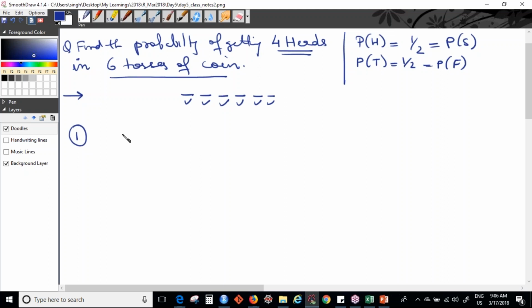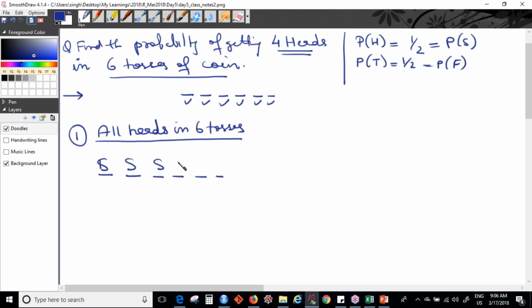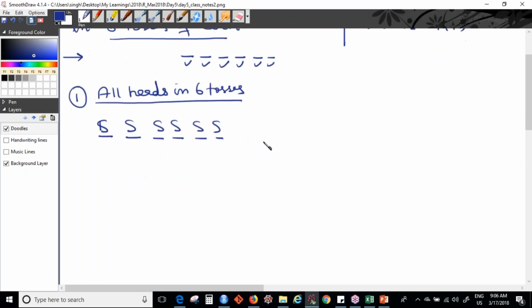Let me start with a simpler one of getting all heads. Probability of getting all heads in 6 tosses. Okay, so that means I have 6 places here. All of them will be heads, so all of them I can write success, right guys? All of them will be heads, so all of them are successes. Now what is the probability of one success?